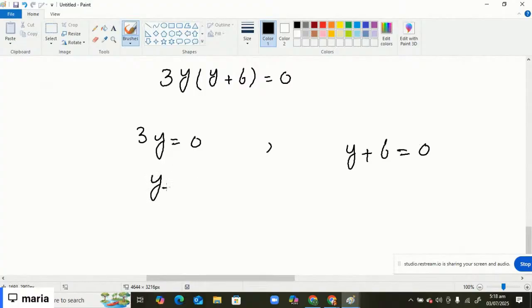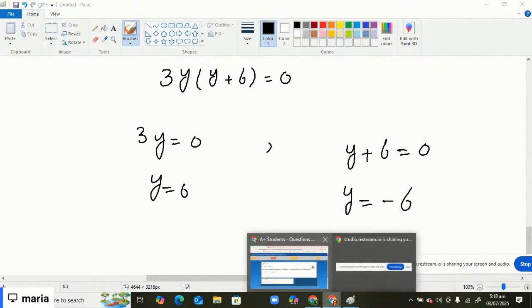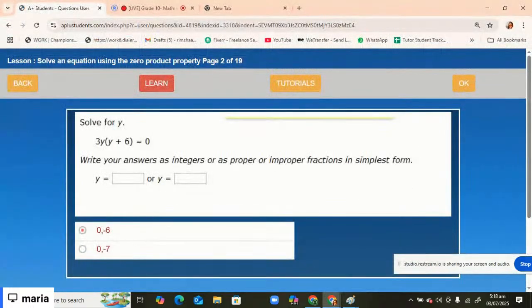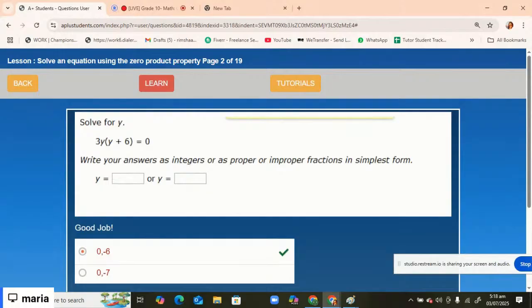So the value of y is 0 from this side, and the value of y is minus 6, okay, from this side. So this is 0 and minus 6. Let's go with it and then check. Yes, this is the right answer.